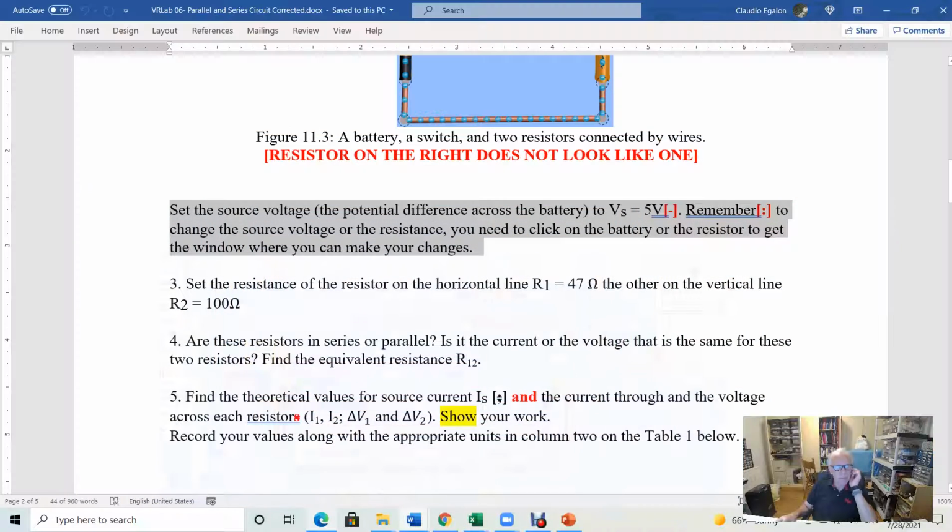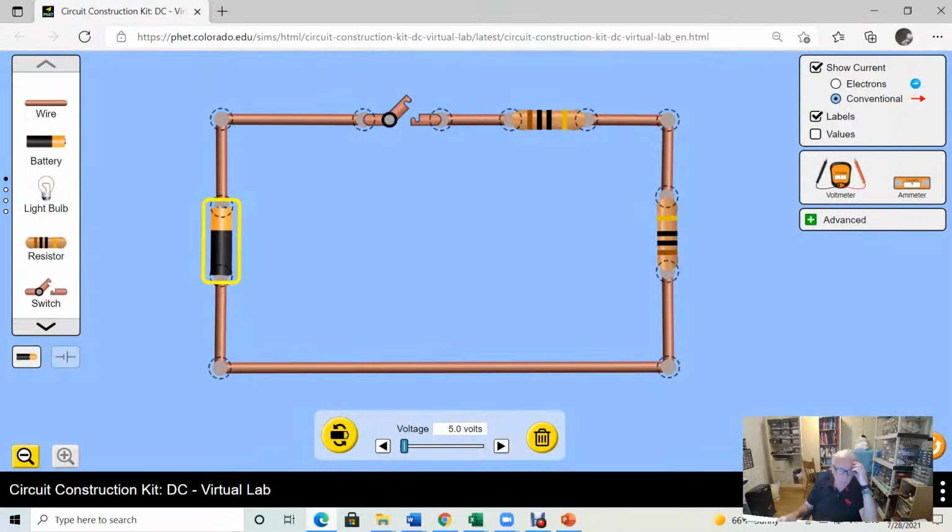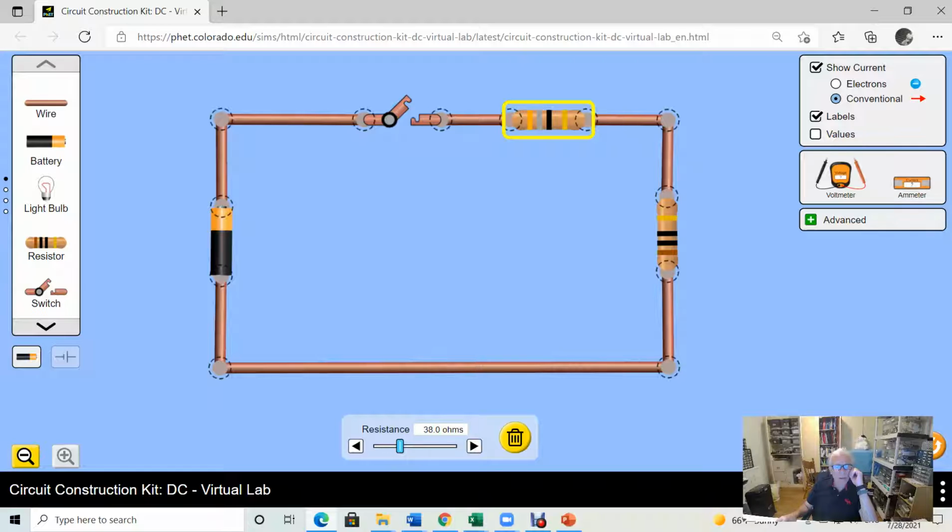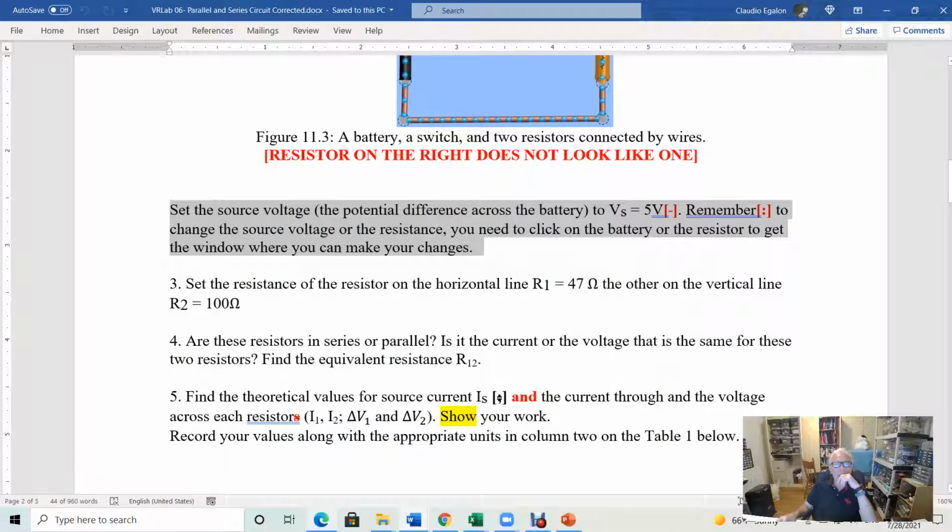What's next? Remember to set the resistance of the resistor in the horizontal line to 47 ohms. Here you go. I'm going to click it here and increase it to 47. You got it. What about the other one?